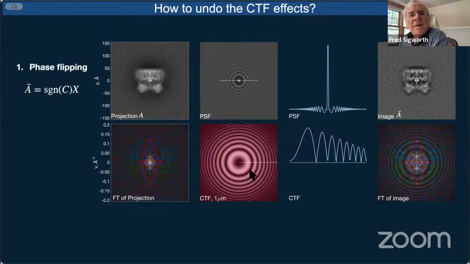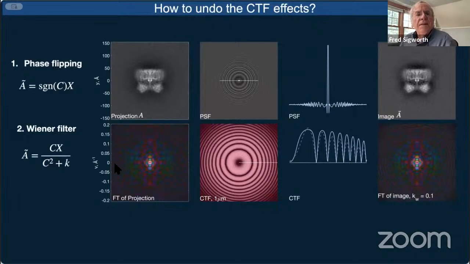We take the contrast transfer function and flip the phase, so this is -1, +1, -1, +1. We just multiply the CTF by those numbers. What it means is we can take an experimental image and multiply it by this function that is -1, +1, and that will flip the phase of the underlying CTF. That actually makes things look a lot better. There's less delocalization.